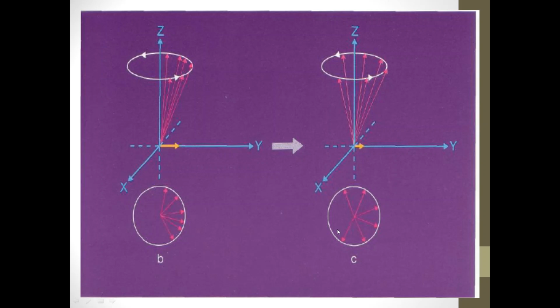So the total magnetization will be reduced, and the transverse magnetization is reduced until it reaches 0. You have to know something very important here: transverse magnetization and longitudinal magnetization are two separate processes, not dependent on each other. Transverse magnetization depends on spin-spin relaxation, but longitudinal magnetization depends on spin-lattice relaxation.